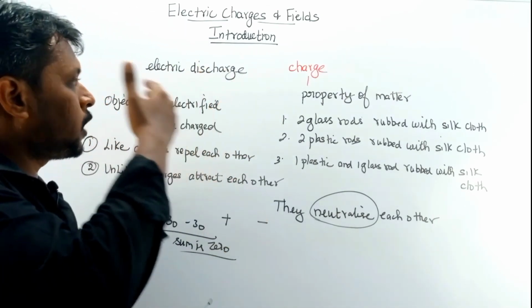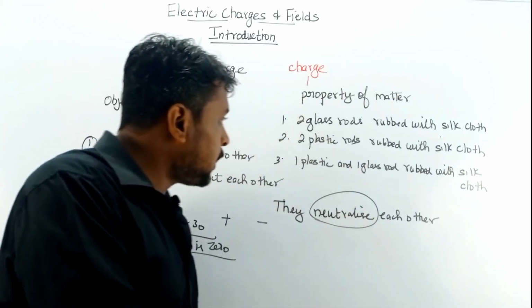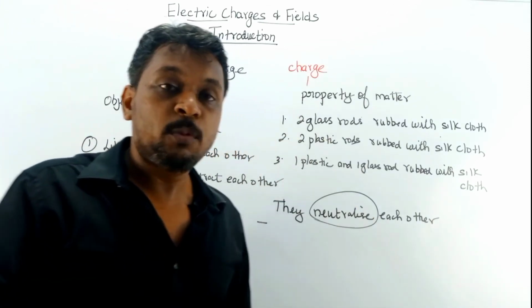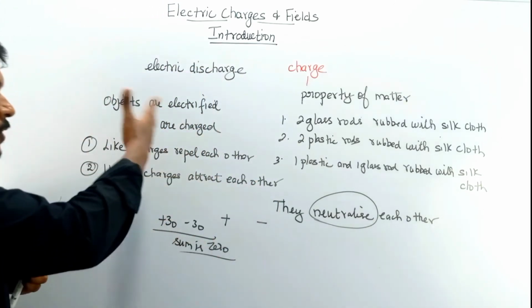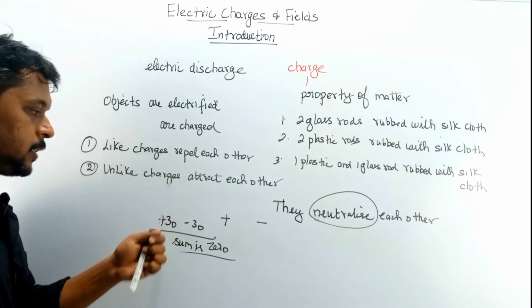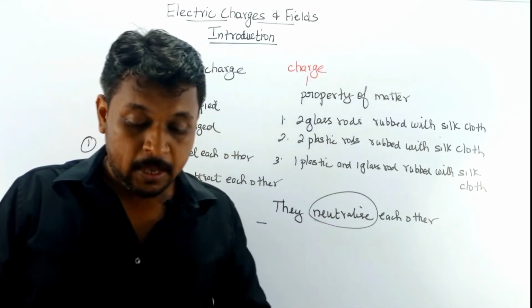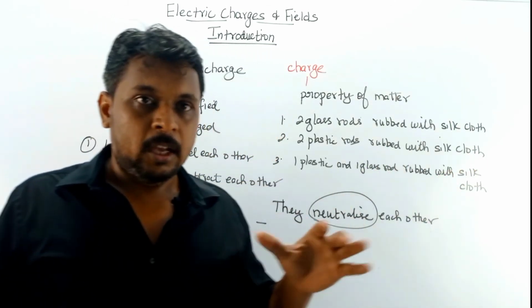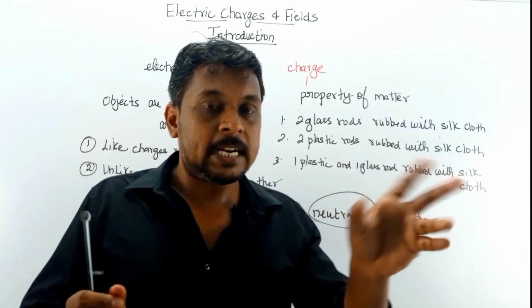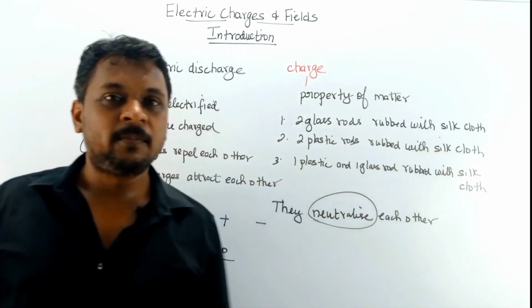We discussed how electric charges are displaced and how they are transferred by the rubbing process, with many examples, and we concluded many statements like like charges, unlike charges, and also positive and negative charges. So this is our electric charge introduction, and we have also given a live example due to positive and negative charge attraction. Kindly watch it till the end. Thank you.